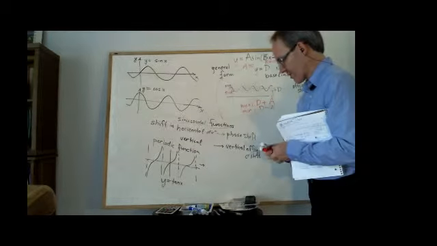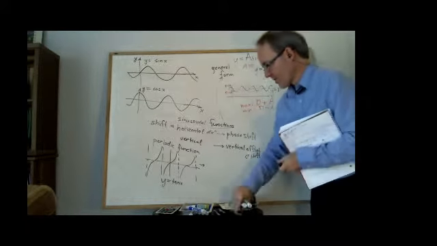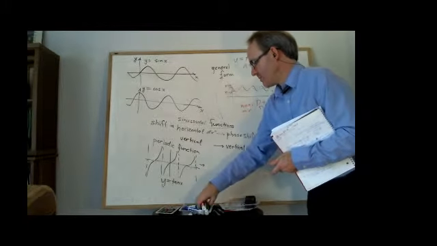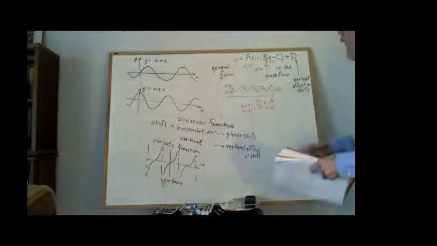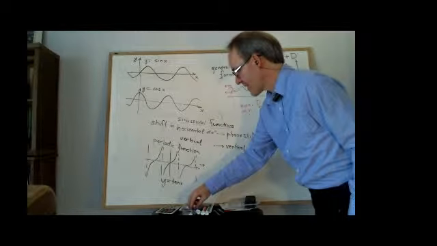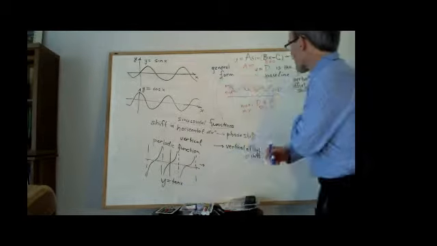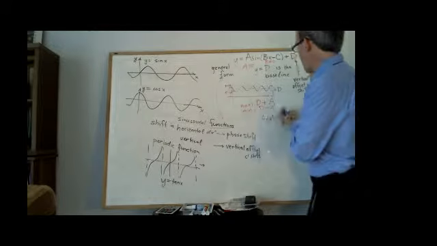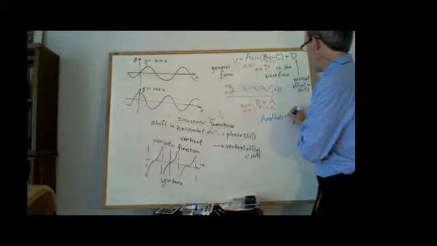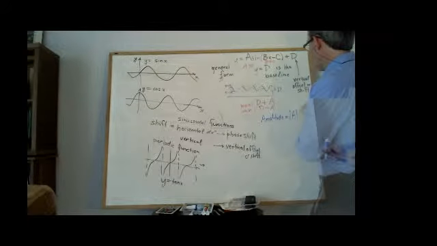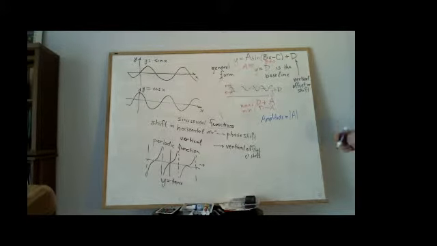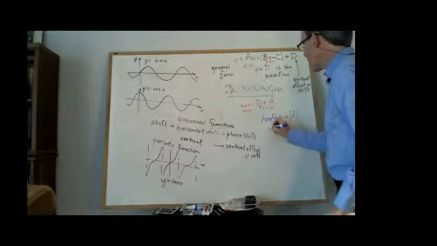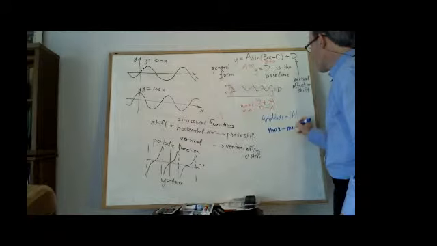All right. So that's the amplitude. The amplitude actually is the absolute value of a. It gives you, so it's basically the maximum value minus the minimum value divided by 2.